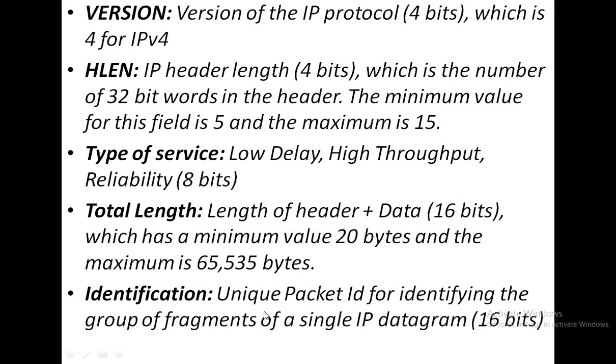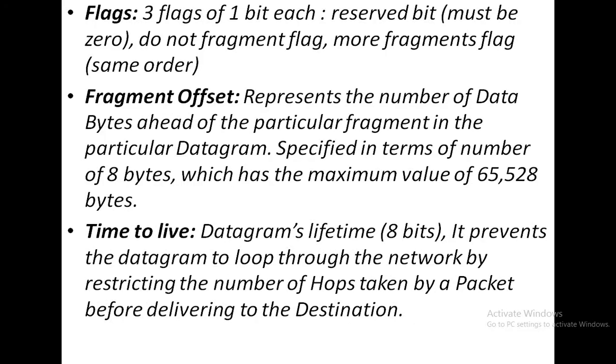So identification is a unique packet ID for identifying the group of fragments of a single IP datagram. How should we uniquely identify our fragments? By checking the unique packet ID, we can easily find our fragments in the network when it passes from one location to another.